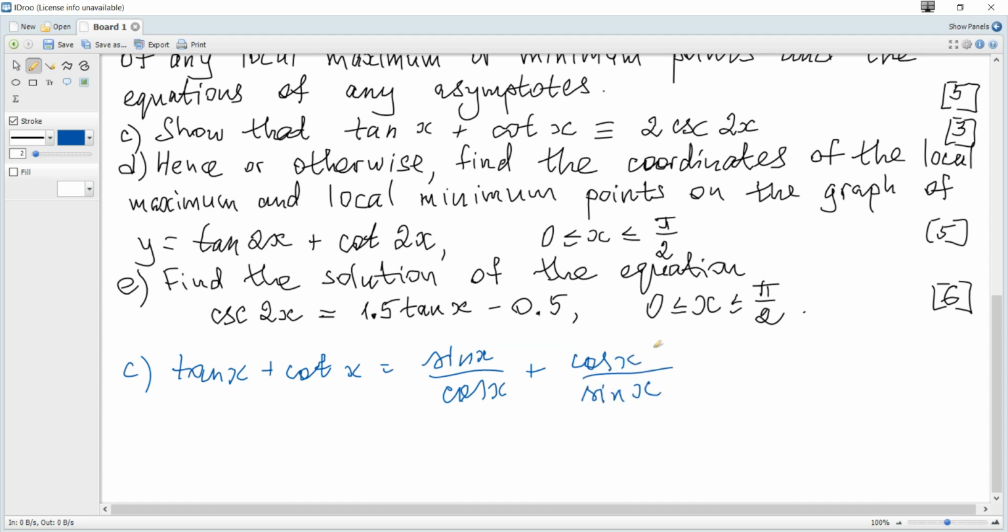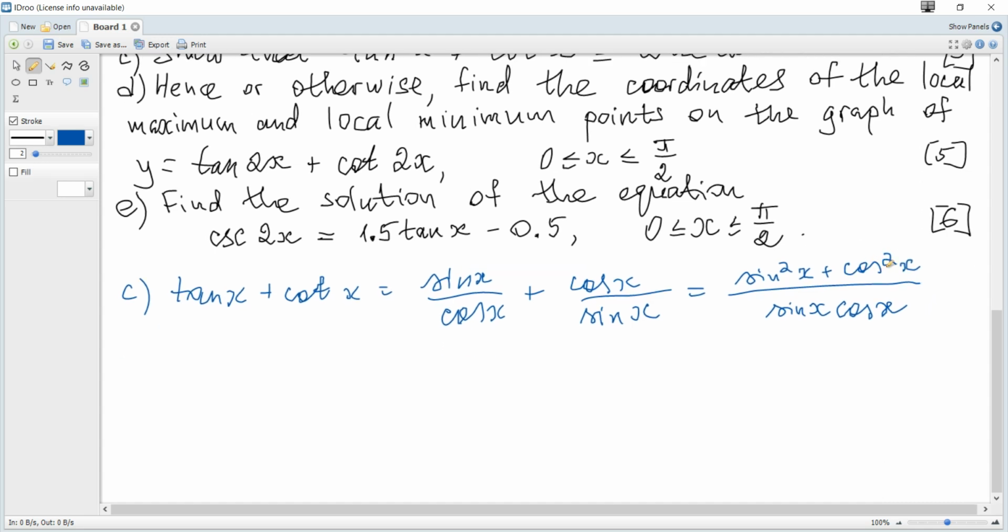In general there may be other ways to prove this. So what is the next step? Definitely common denominator, it becomes sine cosine, with sine squared plus cosine squared, and sine squared plus cosine squared is the main trigonometric identity, it's 1, so it becomes 1 over sine times cosine. And actually what do we need?